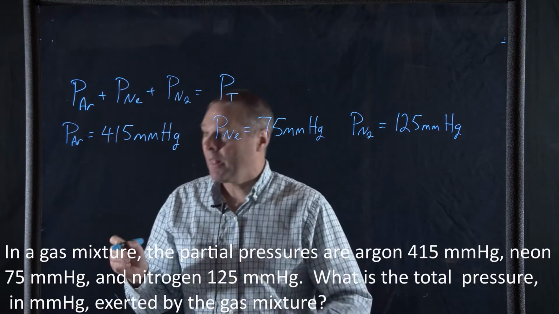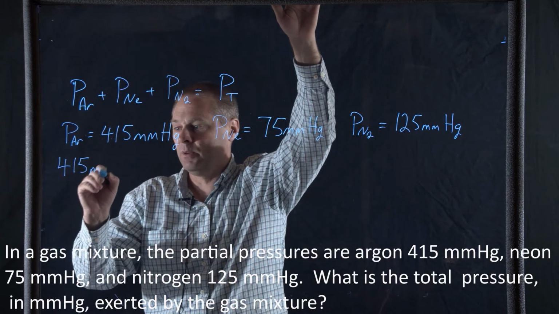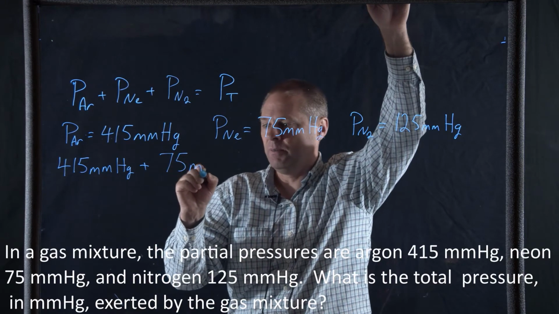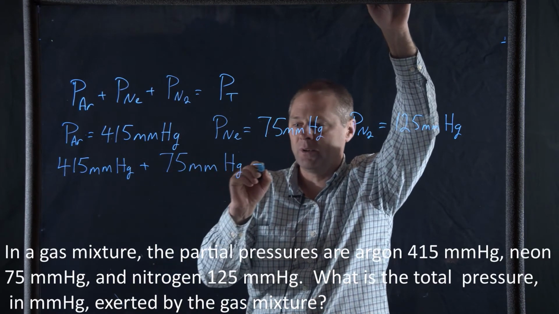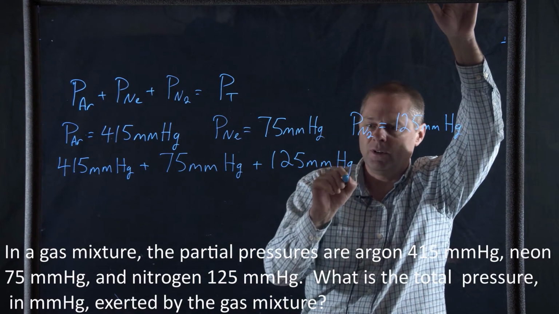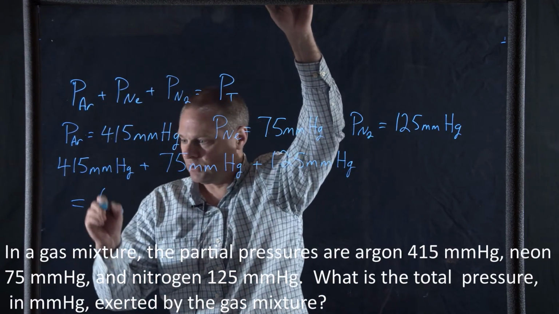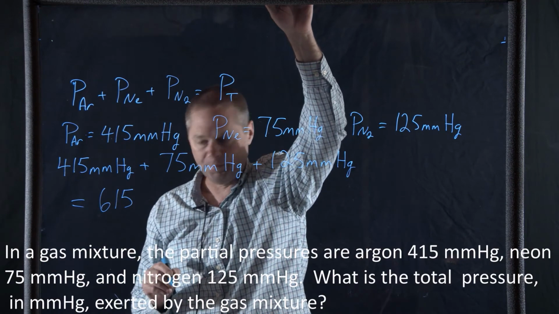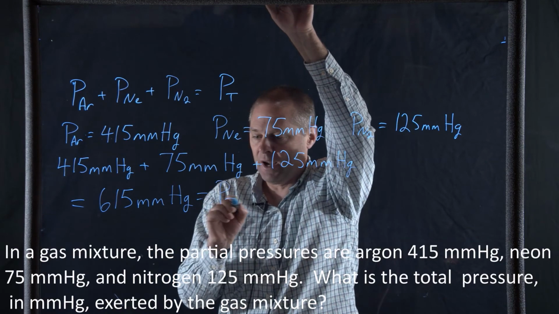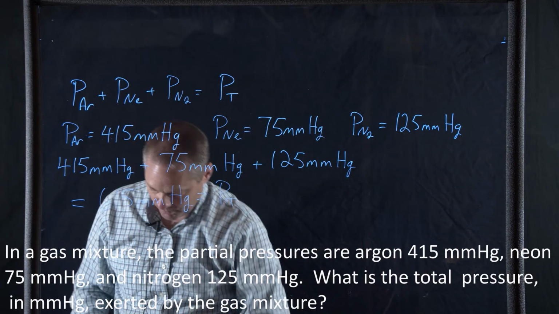We're just simply going to add these up: 415 plus 75 plus 125 millimeters of mercury. If we sum all those up, that gives us 615 millimeters of mercury, which is our P total.